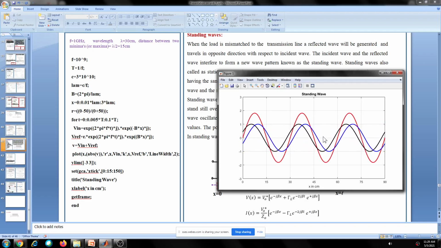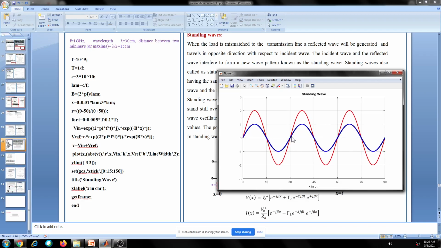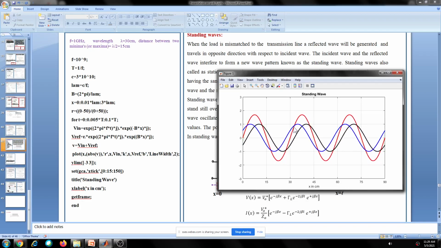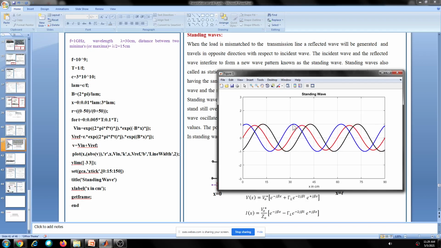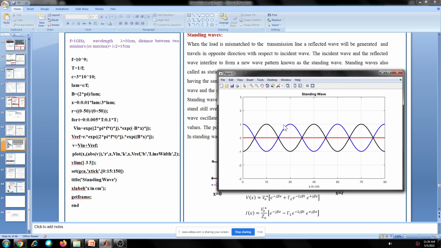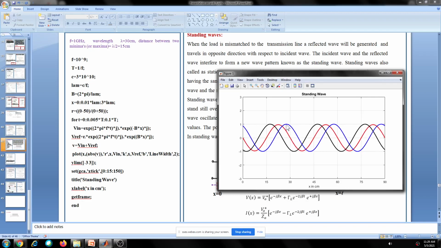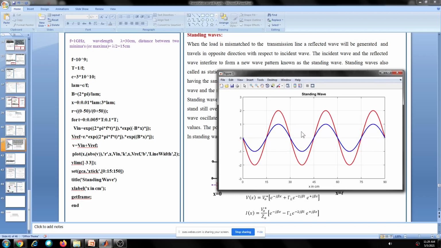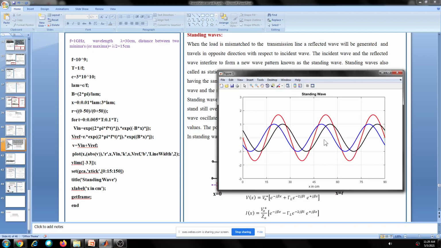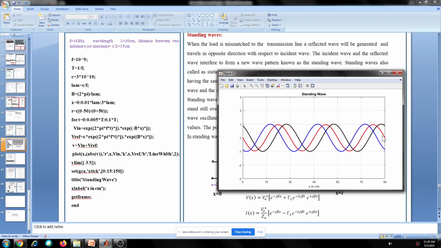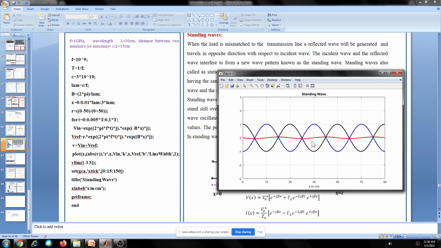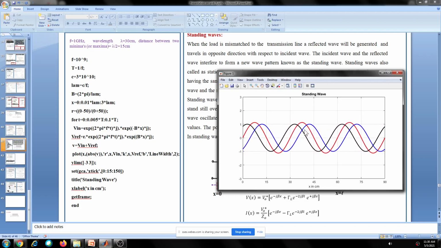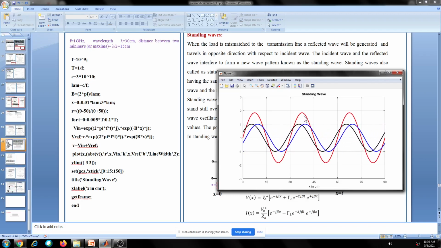Similarly the blue colored one, that is the reflected wave, you can see here, it is traveling like this towards the source side, this point is moving. So that happens here, two waves are moving in the opposite direction. Okay, but the resultant of the two looks like it doesn't move at all.